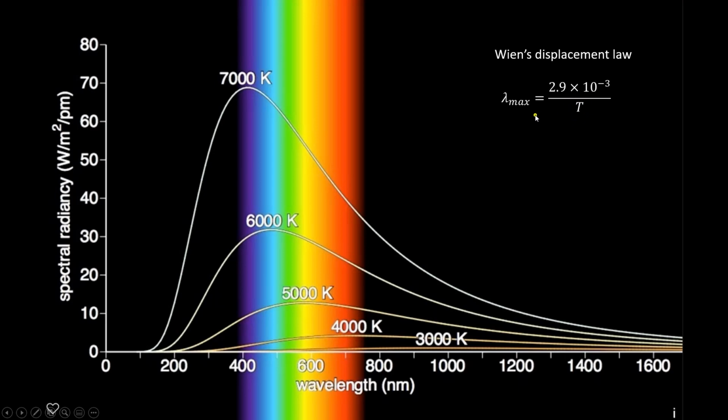And when we do the 2.9 times 10 to the minus 3 constant divided by our Kelvin, we get the wavelength at which the maximum intensity of radiation is produced by that body. Now, if that isn't a mouthful, I don't know what is. So the interesting thing about this is that when we would normally write lambda max, we would mean the maximum lambda.